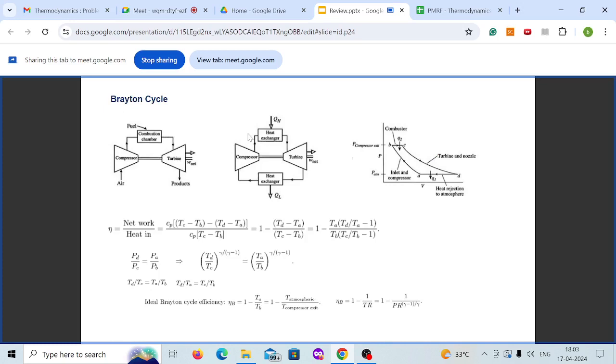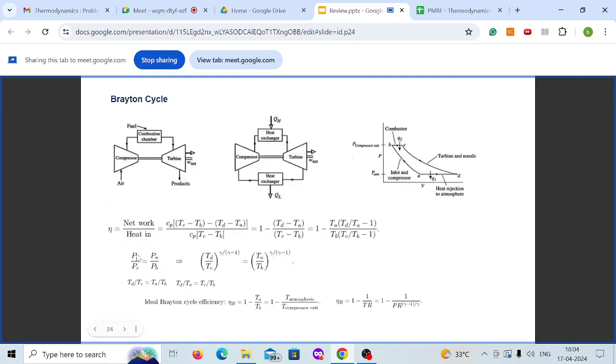Then moving on, we have the Brayton cycle. The Brayton cycle again has 4 processes, and it can be of 2 types: an open cycle and a closed cycle. You have isentropic compression, then isobaric heat addition, then isentropic expansion, and isobaric heat rejection.